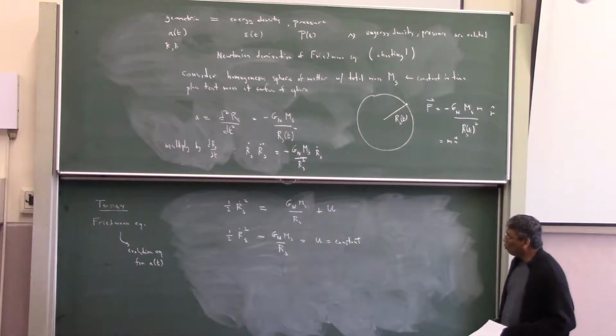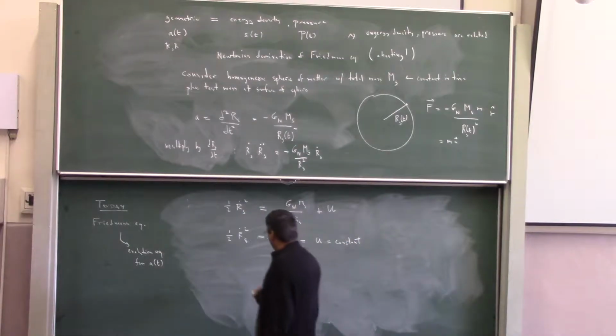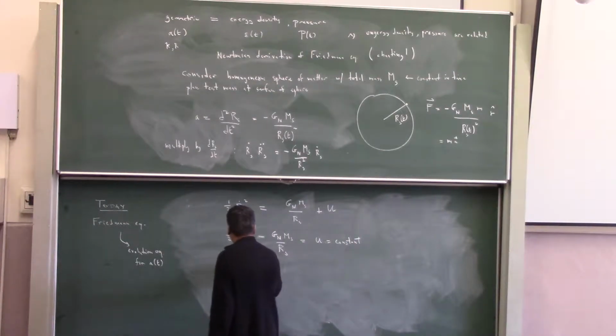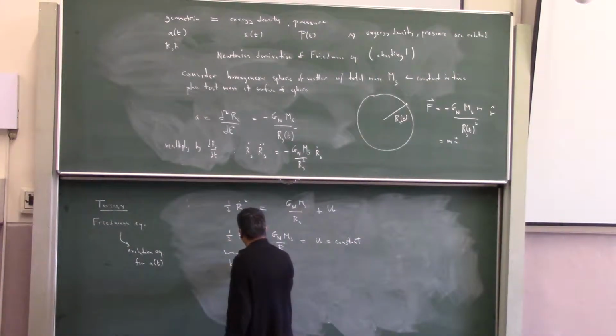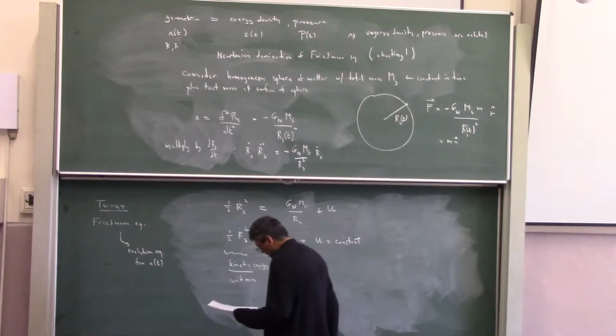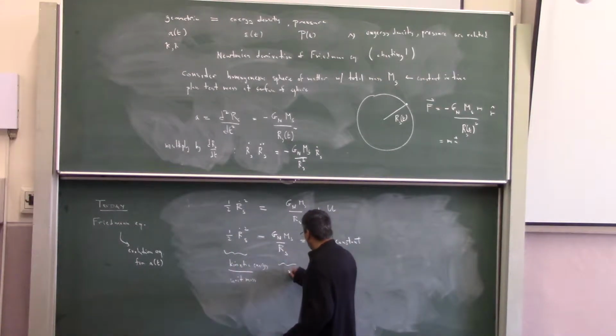Okay, so we'll interpret this as being the kinetic energy. This is some velocity squared, so this is the kinetic energy per unit mass. And this guy is the gravitational potential energy per unit mass.